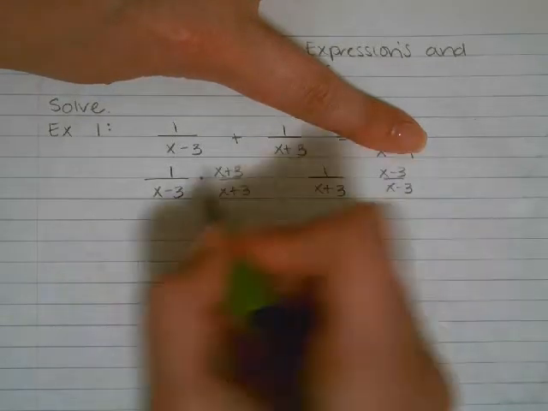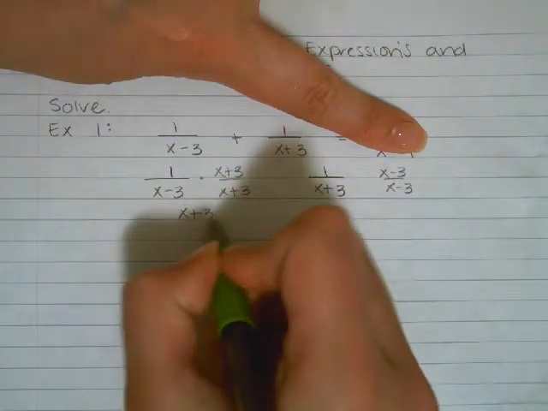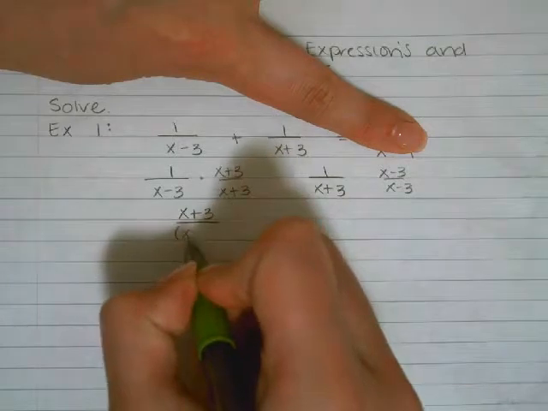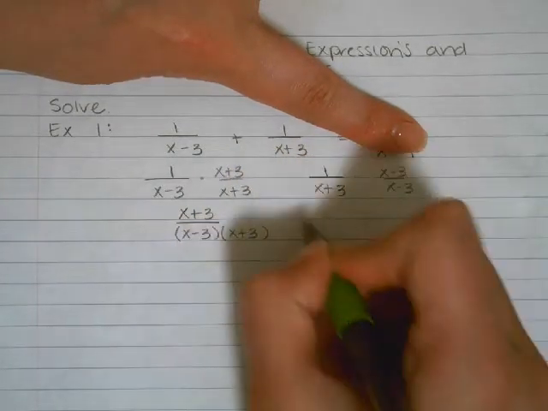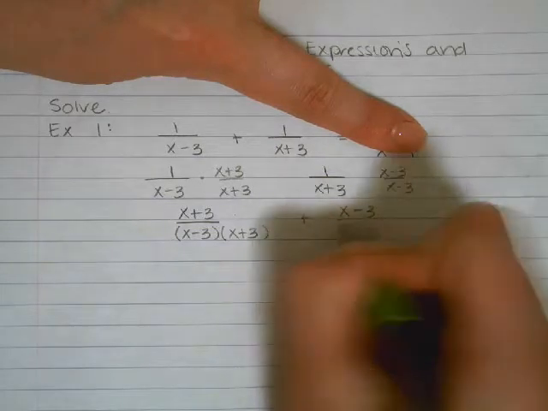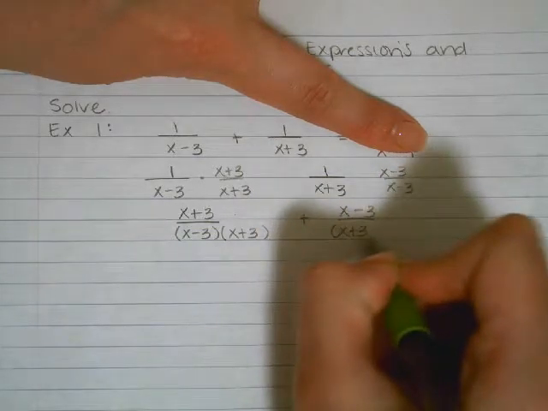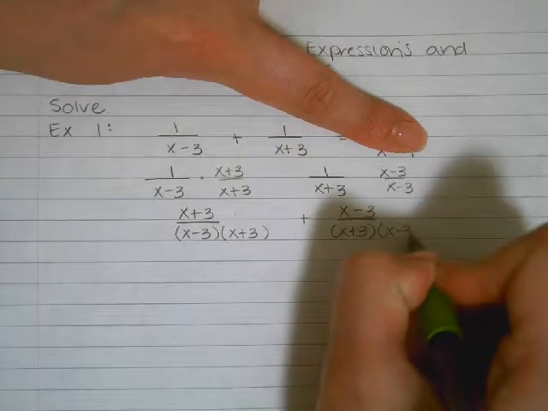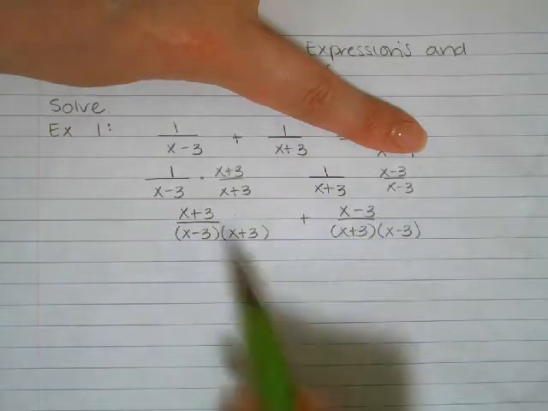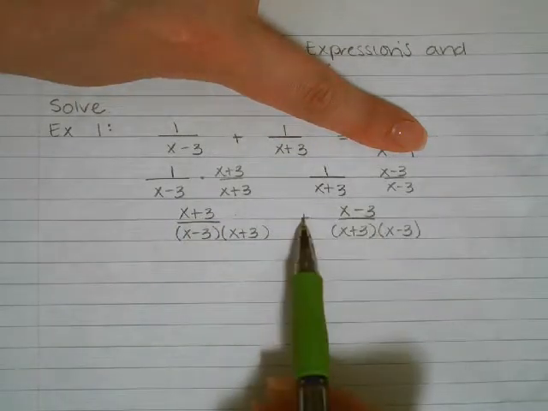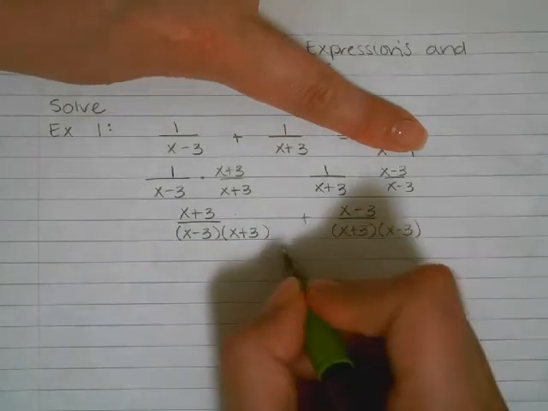At that point, you would have x plus 3 over (x minus 3)(x plus 3) plus x minus 3 over (x plus 3)(x minus 3). Then I could add those together: x plus 3 plus x minus 3 is just 2x.